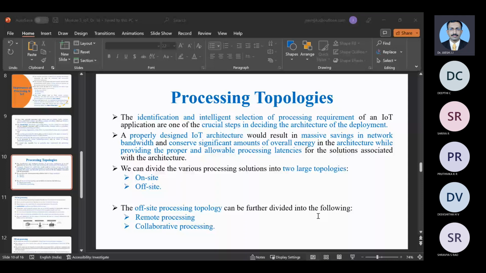So we are dividing into two large topologies: one is on-site, and the other is off-site. Off-site is again classified as remote processing and collaborative processing. So we will be studying remote processing as well as collaborative processing in detail.